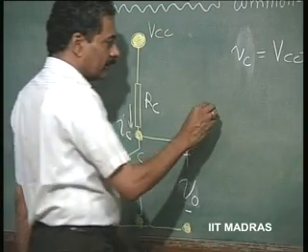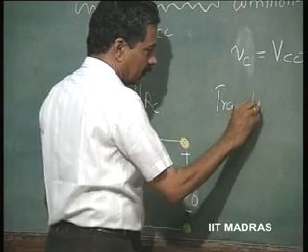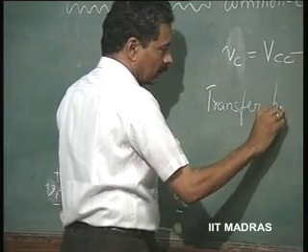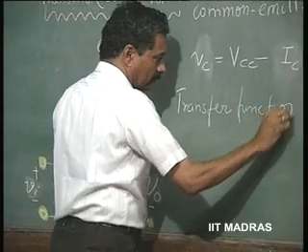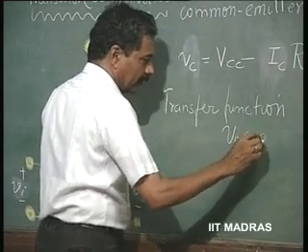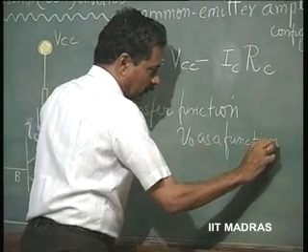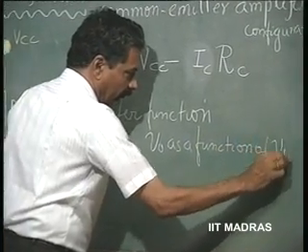Okay. To derive the transfer function of this, V naught as a function of V I.